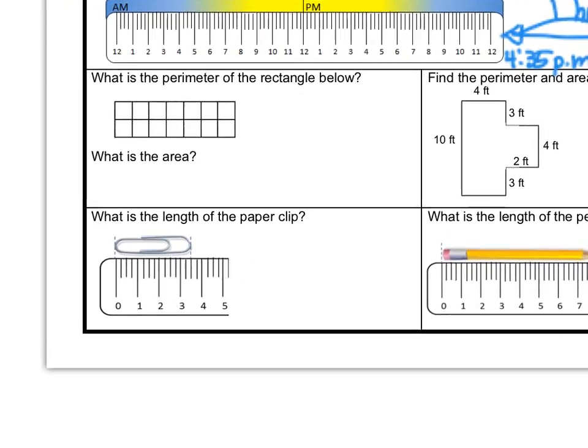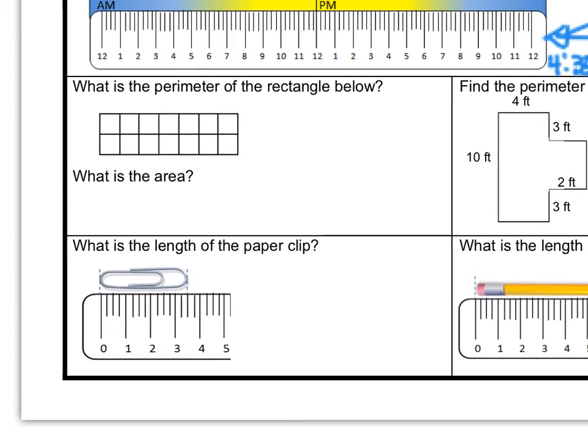All right, what is the perimeter? Rim, a rim around the outside of the rectangle below. First, let's label the sides. Here we have 2, and here we have 2. And then our base and our top, let's see, 1, 2, 3, 4, 5, 6, 7. So our base and our top are 7.